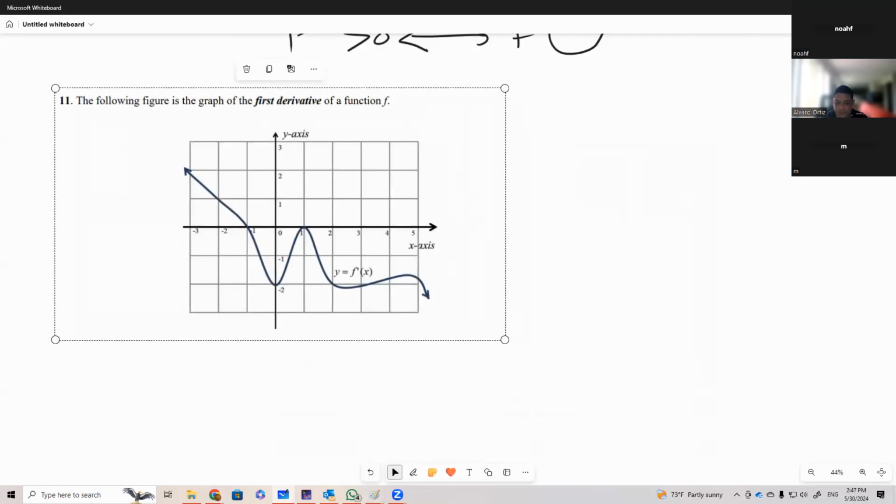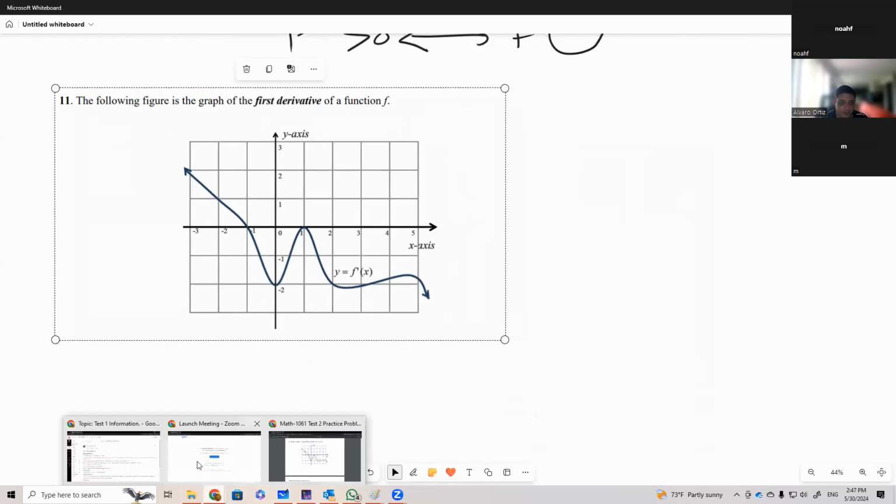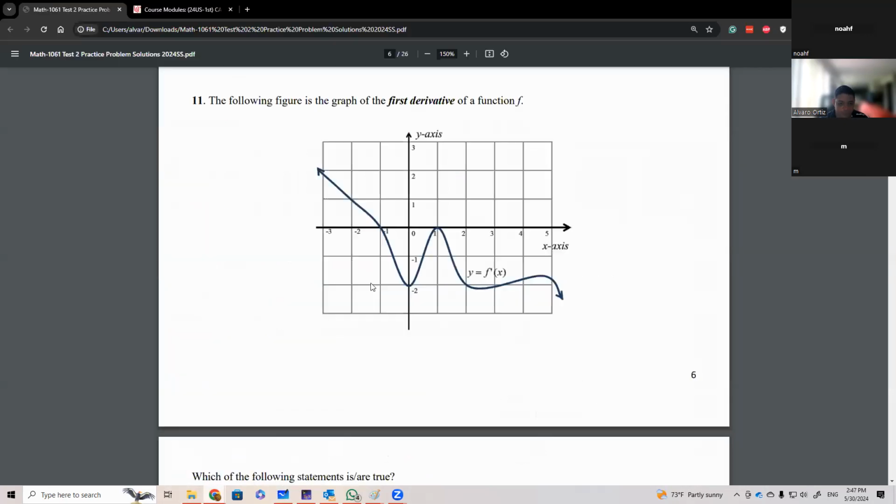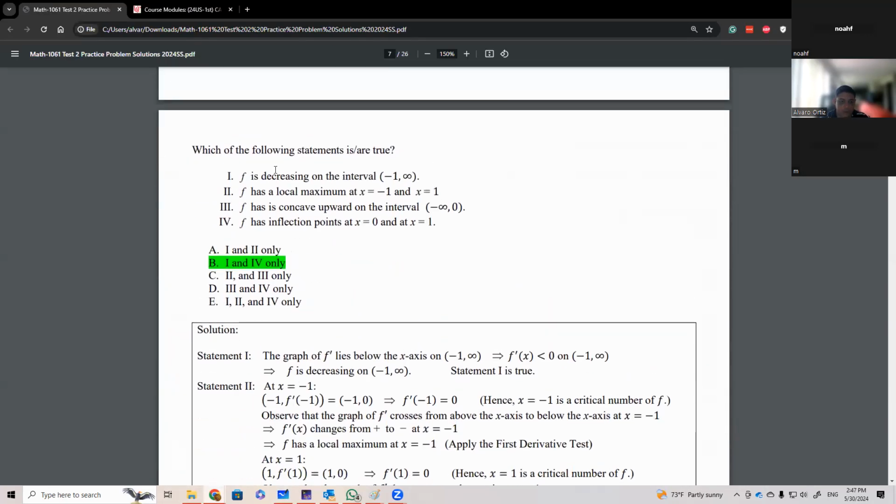Okay, this graph, and I want to know which one of the following things is true.